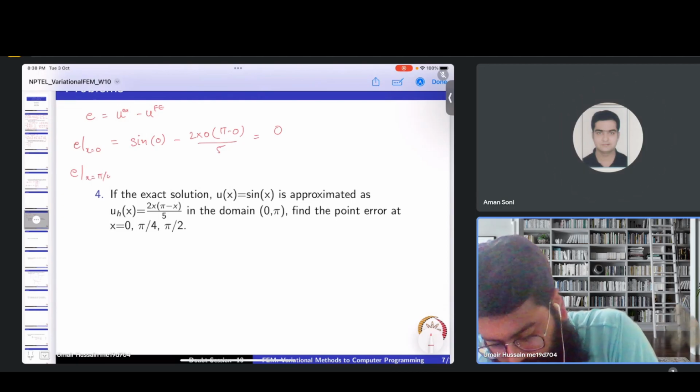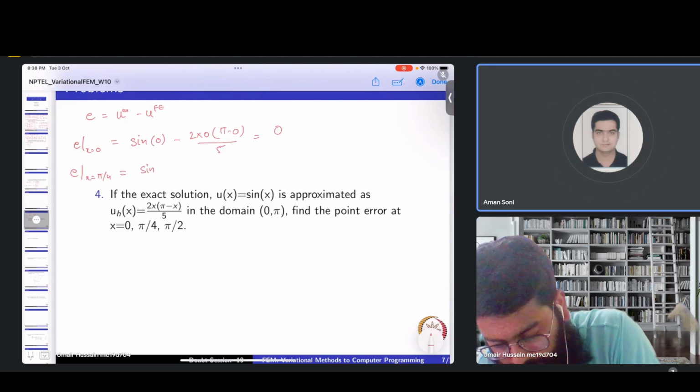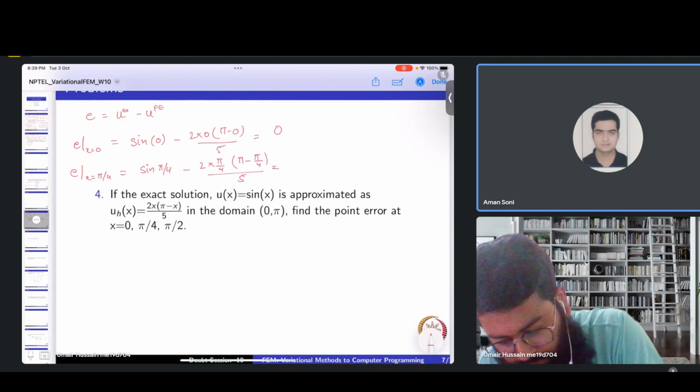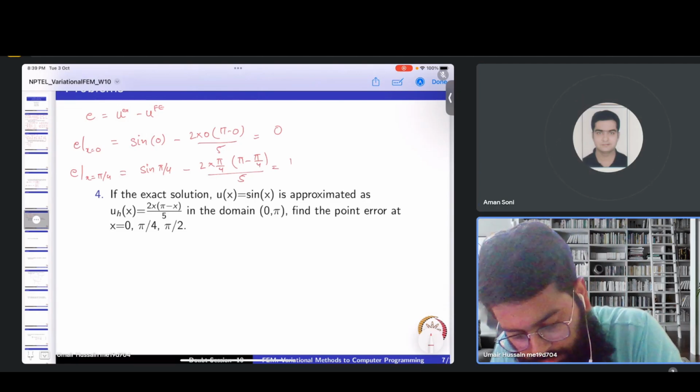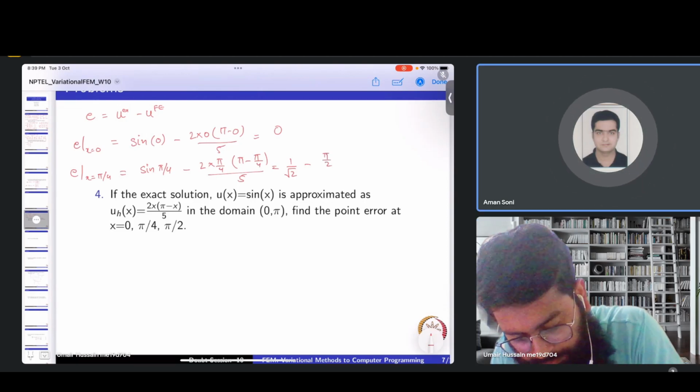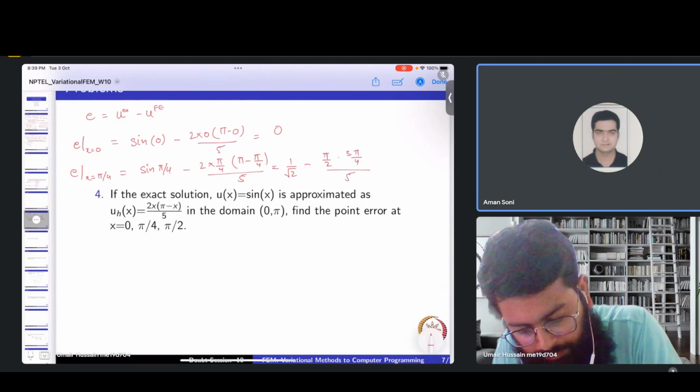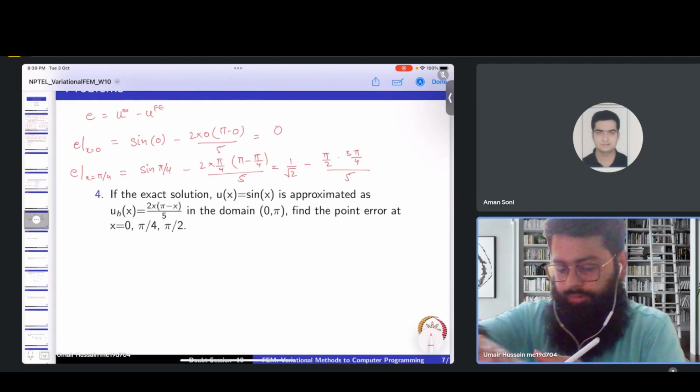So pi by 4 we see. Sine pi by 4 is 1 by root 2, right? Minus 2 into pi by 4. So just quickly do some calculator.